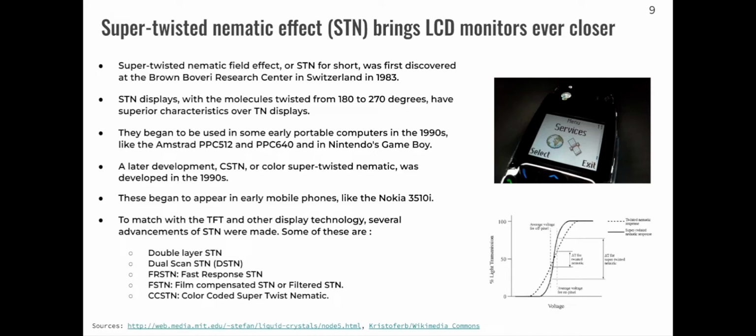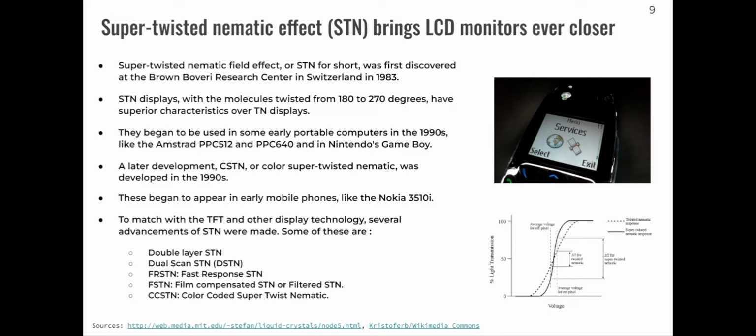STN displays with the molecules twisted from 180 degrees to 270 degrees have superior characteristics and can be used for passive matrix addressing. We'll soon see what passive matrix addressing is. STN LCDs require less power and are less expensive to manufacture than TFT LCDs, which we'll again see later, which are another type of popular LCD.